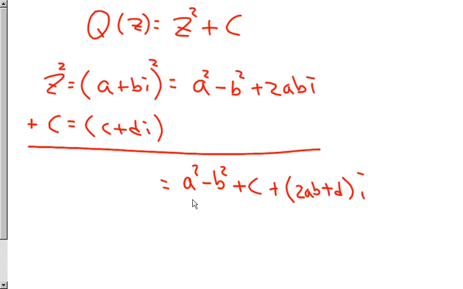This is a formula that will give me the real part of the output. Here's my formula for the imaginary part of the output. Instead of D, what would I have? 0. Instead of C, I would have negative 1.